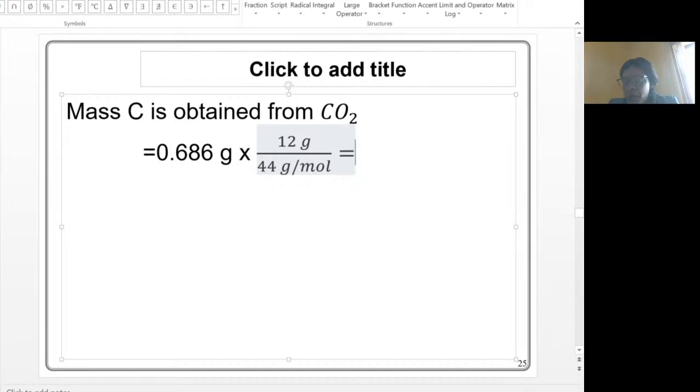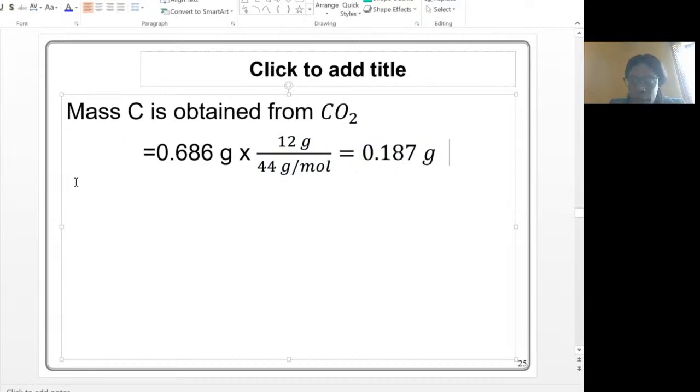We compare if we have the same answer. So 12 over 44 times 0.686. We are getting 0.187 grams.